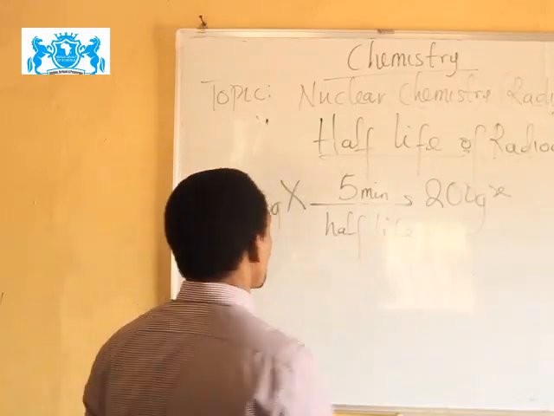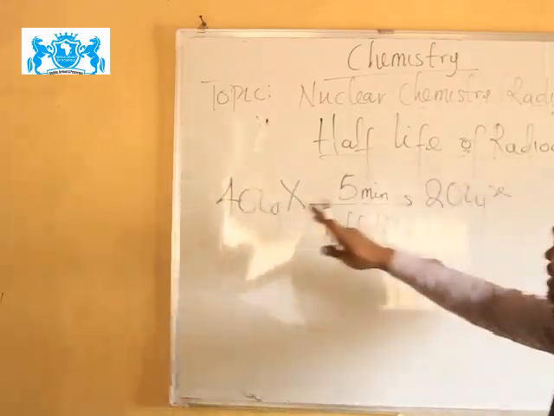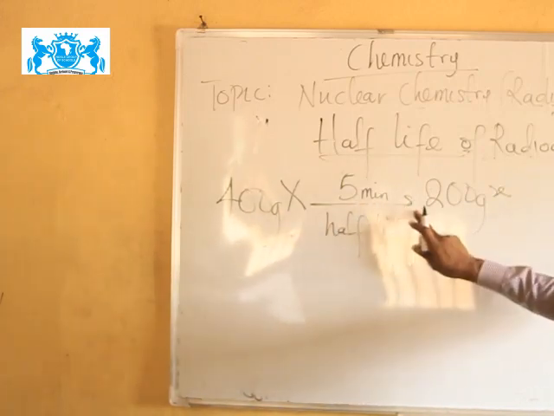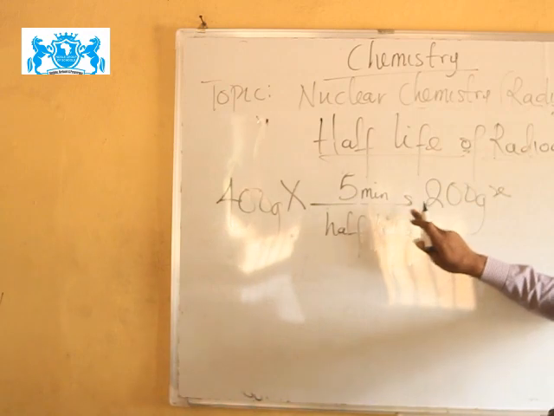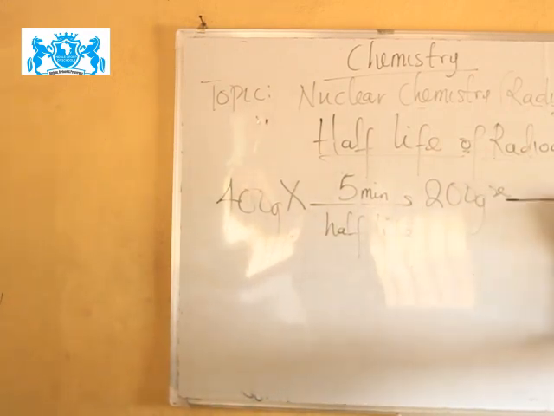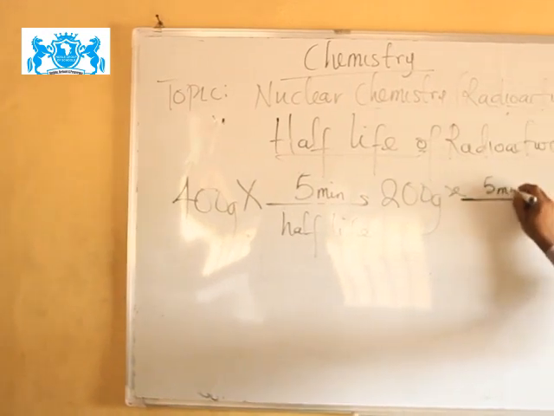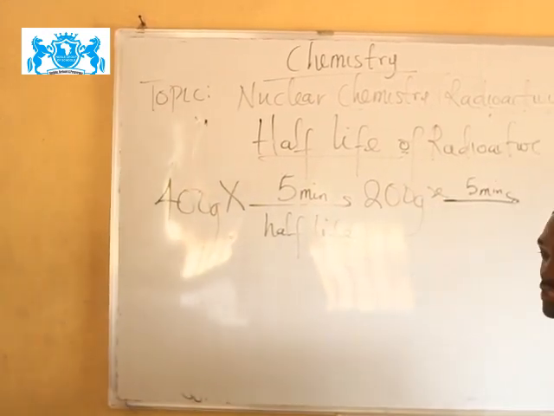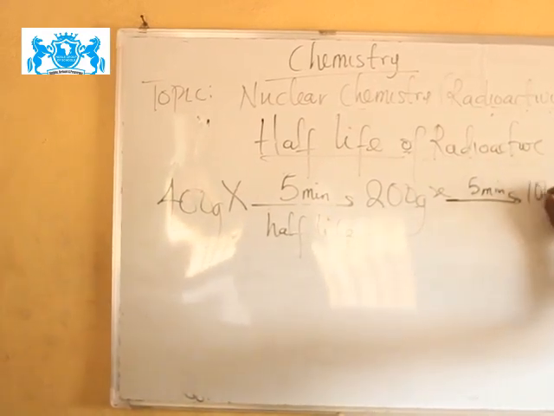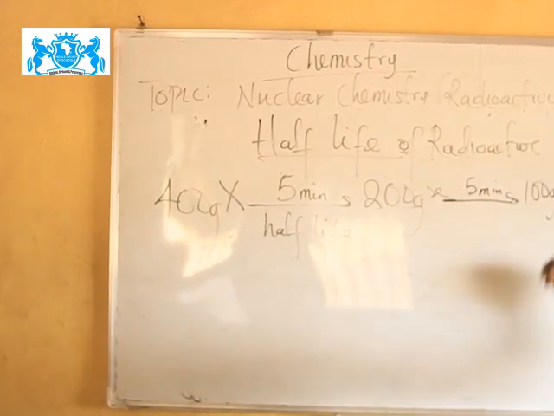The first half-life: from 400, you break it down to half. After 5 minutes, it becomes 200 grams. After another 5 minutes, this will break down to 100 grams of X left.